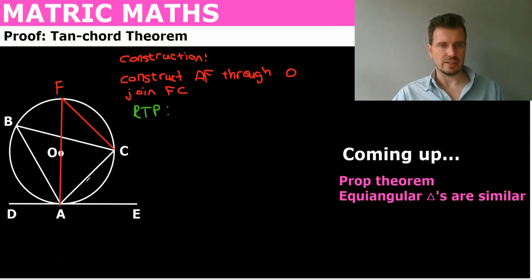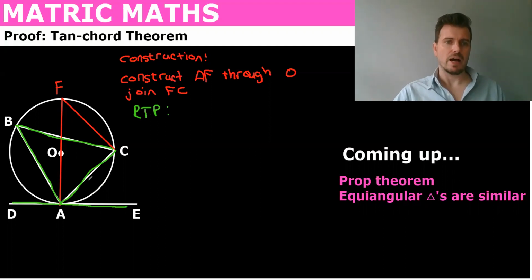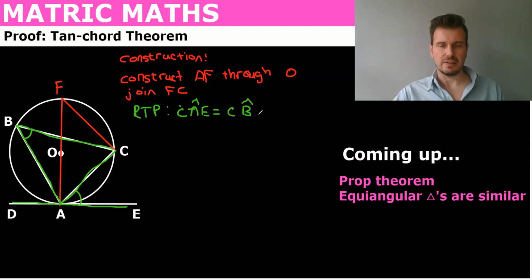Well, we need to prove that because this is the sailboat, see the sailboat, I need to prove this, and I like to draw a Z like you do with alternate angles, but it's not the Z, it's the angle opposite the Z. So I do that, and then it's the opposite one. So I need to prove CAE is equal to CBA.